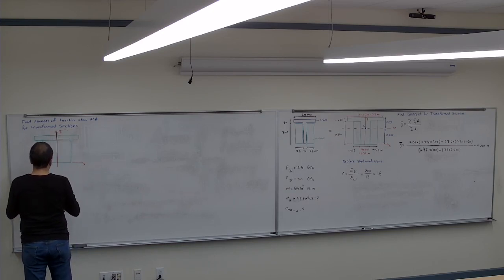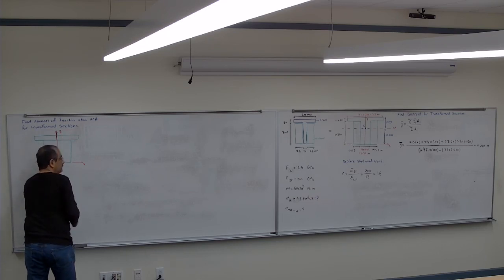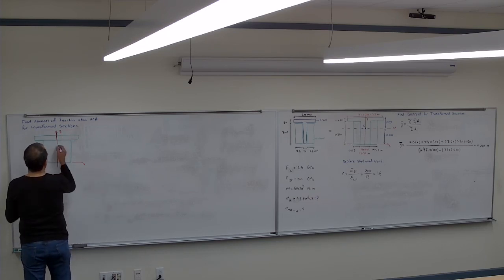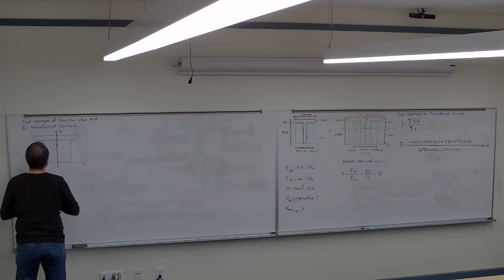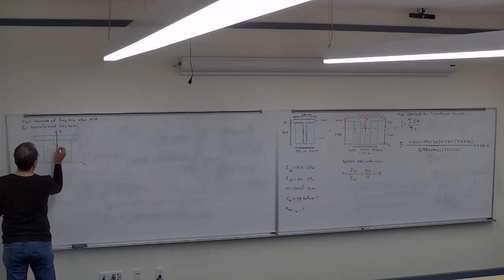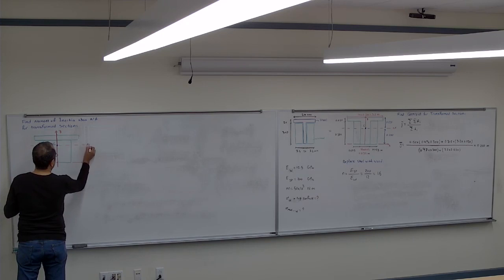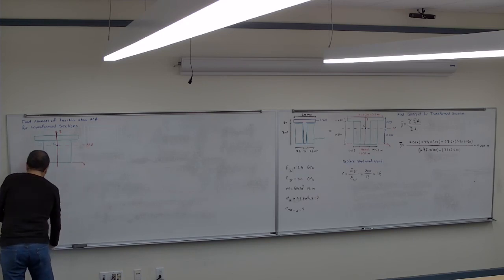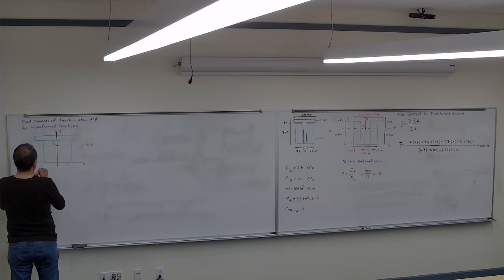The centroid is 200 above that, and that's the neutral axis. And then the centroid for section 1 is going to be sitting right here, correct? That's the C1. And the centroid for section 2 is going to be there, so it's the C2.